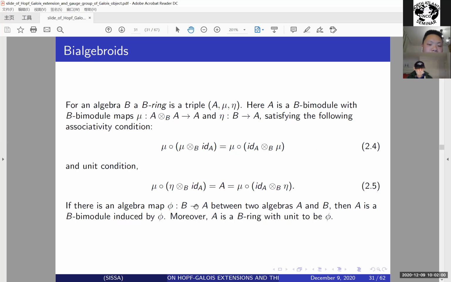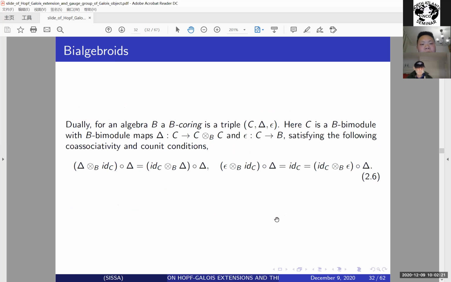For any algebra map phi between two algebras B and A, A automatically becomes a B-bimodule, induced by phi through multiplication on the left and right. Moreover, A is a B-ring with unit being phi, an algebra map.